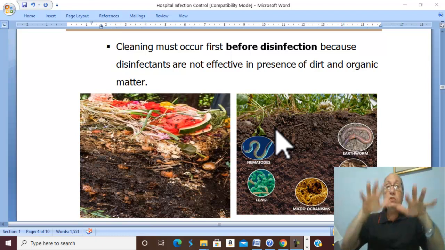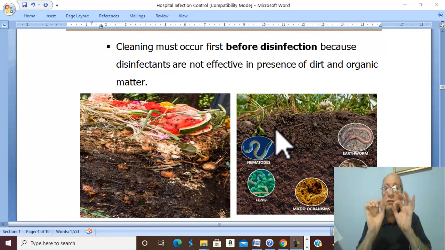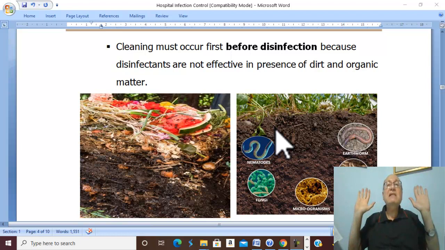If we put the instruments in glutaraldehyde for short duration, this is chemical disinfection. But if you put the surgical instruments like laparoscope or endoscope in the glutaraldehyde for long duration, this is sterilization.